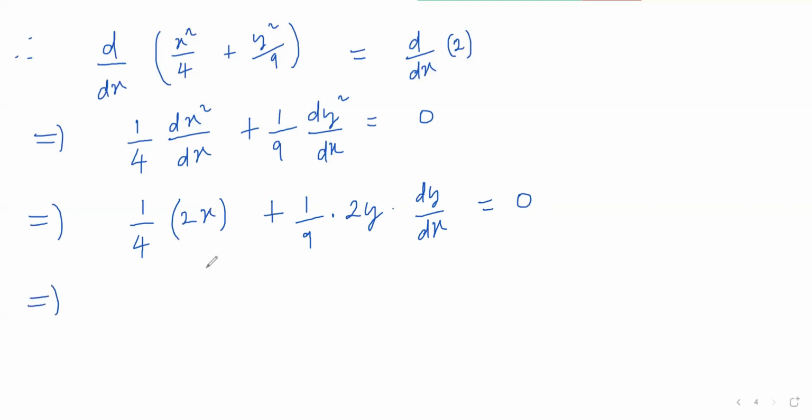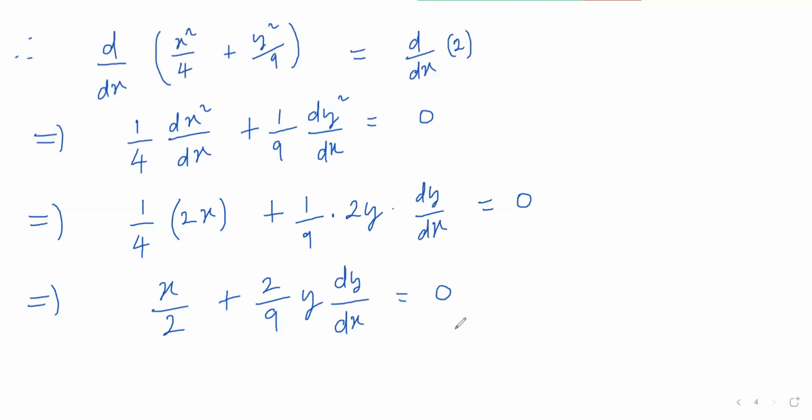Or you can apply the chain rule. It will still give you the same result. So now we have 1 over 4 times 2x, which gives us x over 2 plus 2 over 9 multiplied by y multiplied by dy/dx is equal to 0.